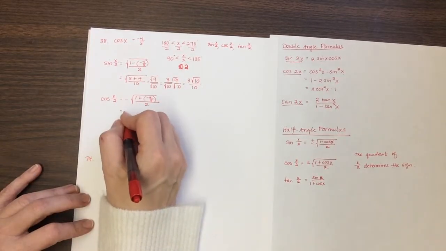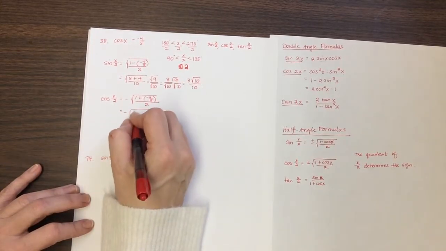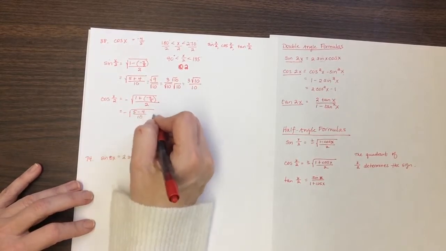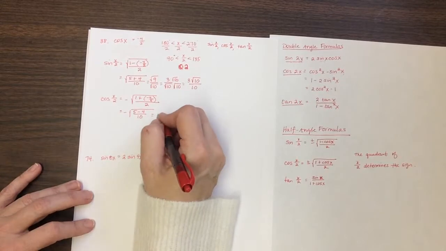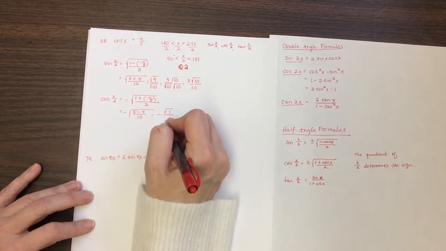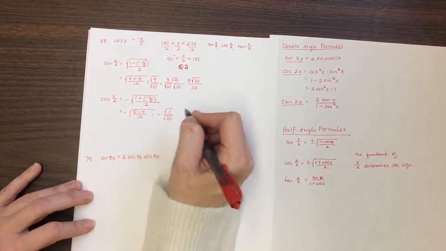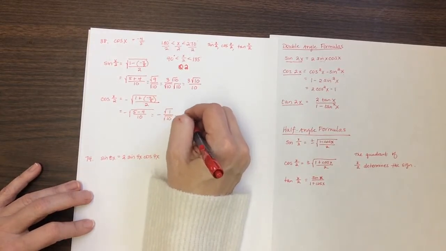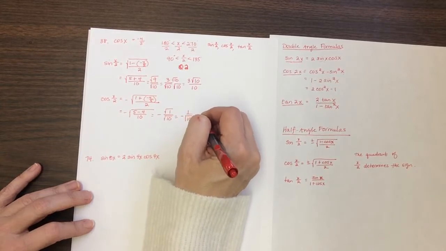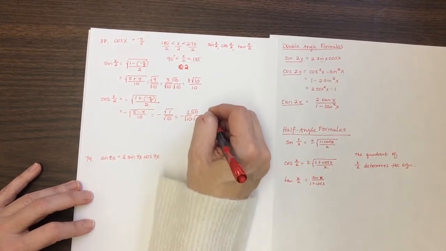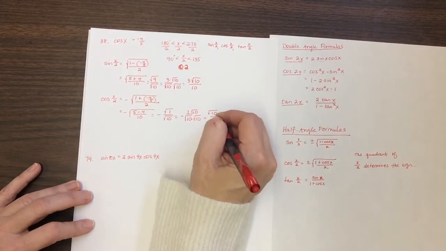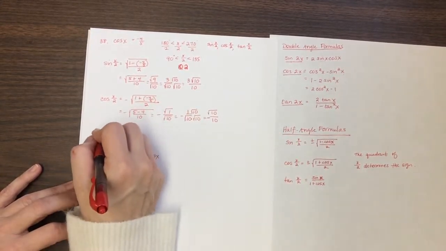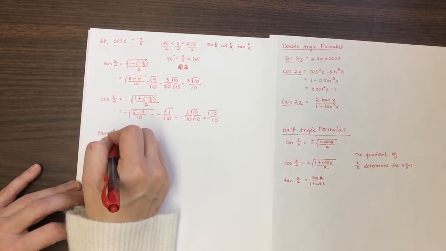I'm going to multiply everything by 5, so that's going to give me 5 minus 4 all over 10, which is going to be the square root of 1 over the square root of 10. And if I multiply by the square root of 10 again, I get the square root of 10 all over 10, and that was negative. Okay?